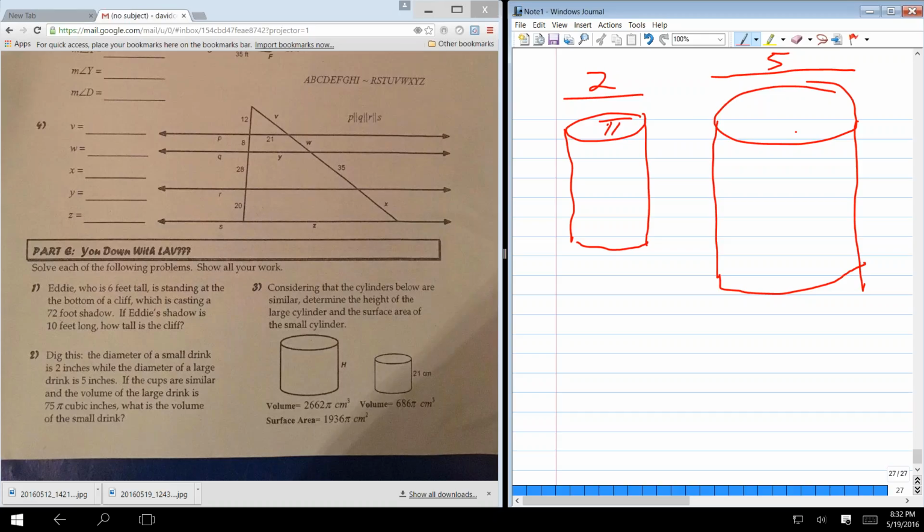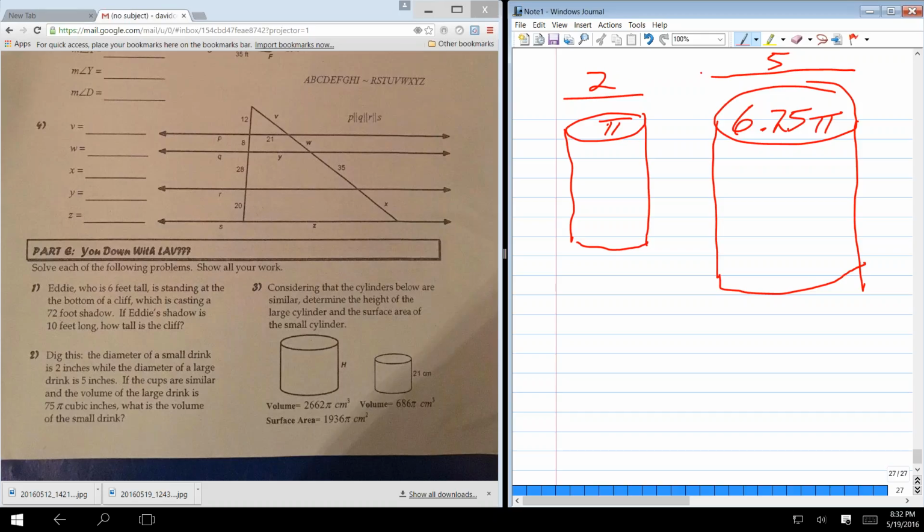2.5 squared pi. That's 6.25 pi. Notice this is in a 2 to 5 relationship, and this is in a 1 to 6.25 relationship.